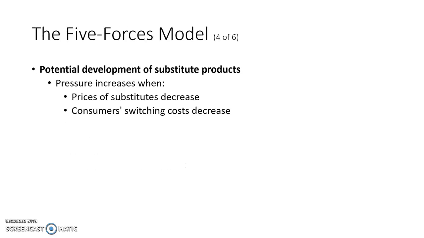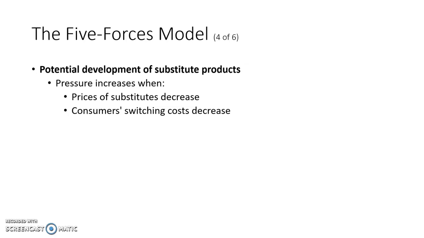All right, potential development of substitute products. It really looks at whether there are other competing products and services out there. They don't have to be exactly the same. So, for example, if you're an athletic shoe company, other types of shoes might be a potential substitute as well. The threat of substitutes, that force is high, or pressure increases when the price of substitutes decreases.